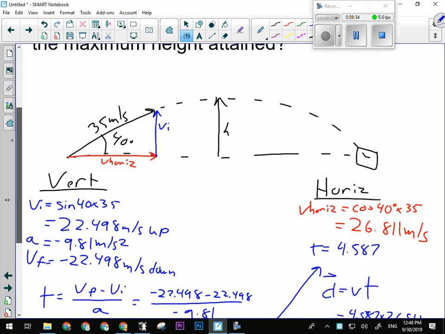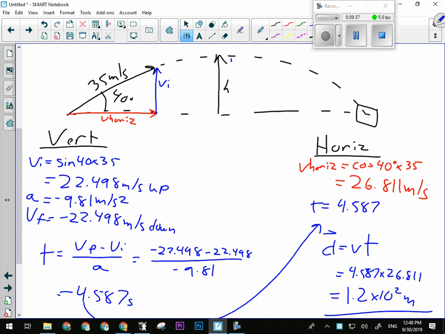Now, the other part of the question wants to know what's the maximum height of the flight. Right, so now, one of these things, actually more than one of them, but one of them for sure, changes. VI is still going to be the same, because that has to do with the cannon, right? A is still going to be the same, because that has to do with gravity.